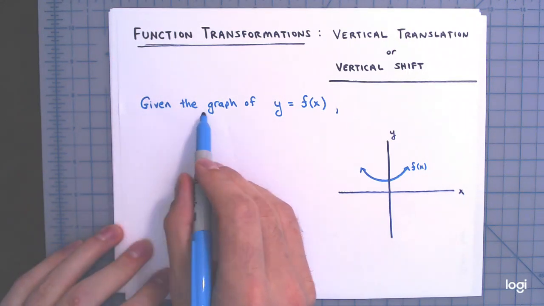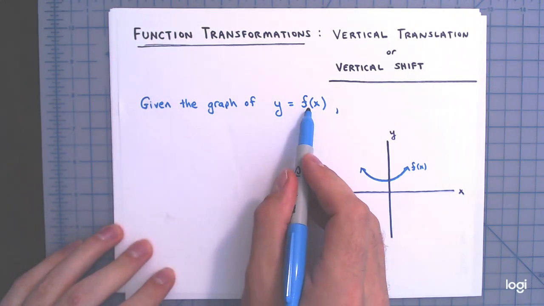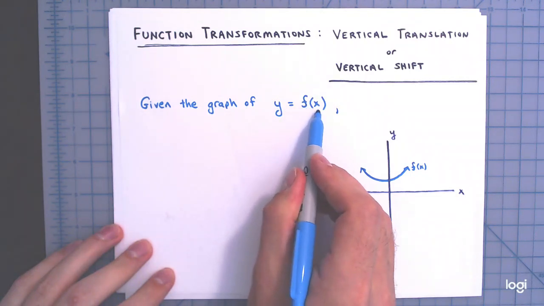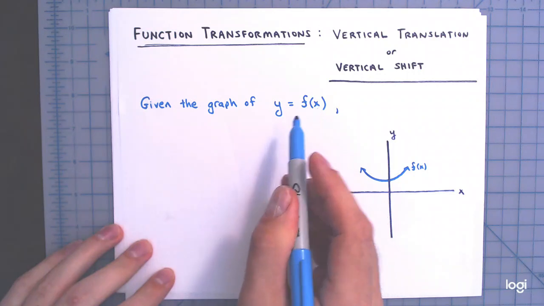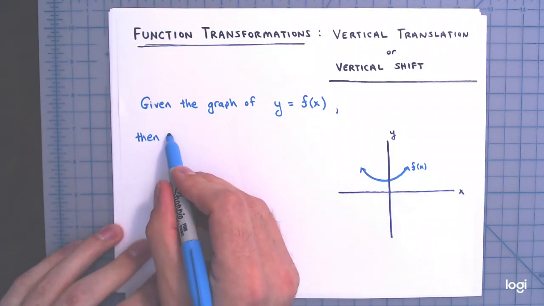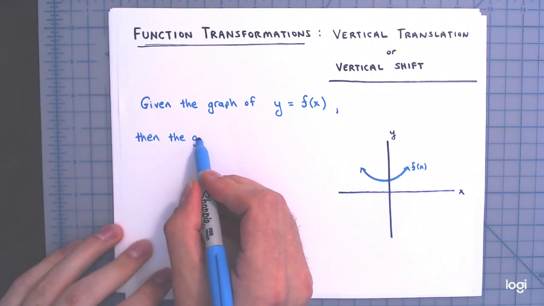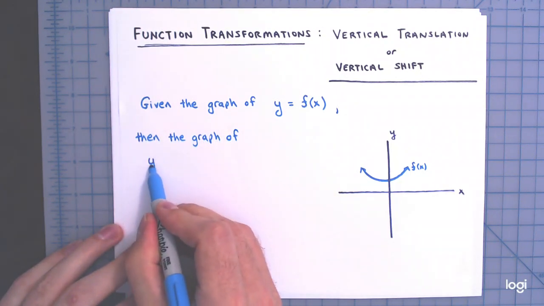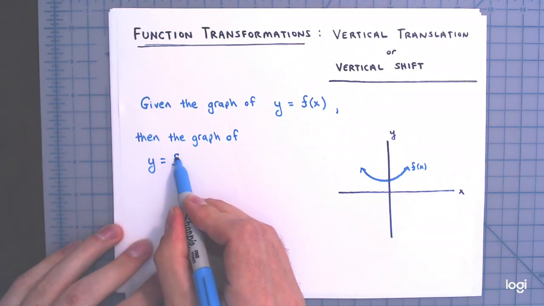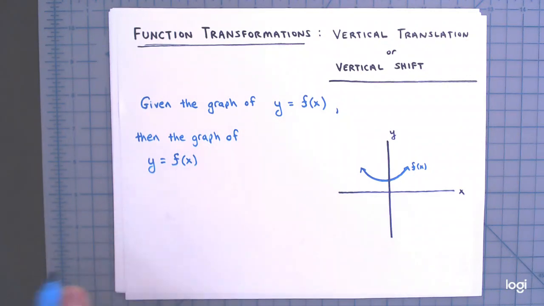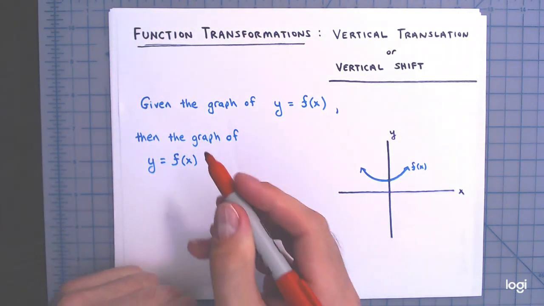So if we're given the graph of, say, y equals x squared, y equals whatever, y equals some expression dependent on x, some f of x, then the graph of y equals f of x plus k: I leave the expression I had in the beginning alone, but then just make this one little change.